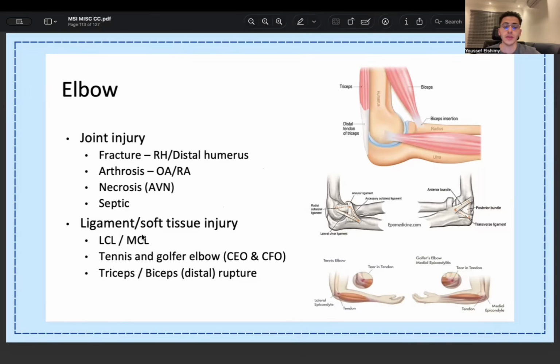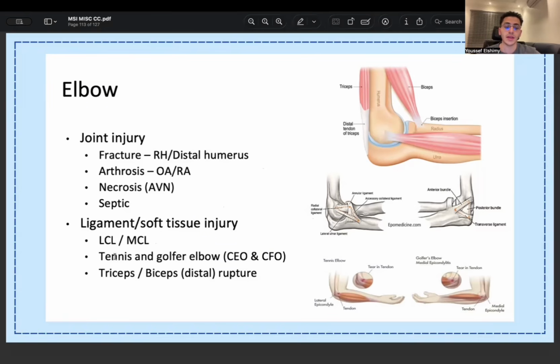Then moving on to the ligaments. From the medial side, we have the MCL or the medial collateral ligament, and also in the medial side, we have the CFO. Those are in the medial side of the elbow. In the lateral side, we have the LCL or lateral collateral ligament, and we have the CEO. So those ligaments could get injured. So the LCL could get injured, or the MCL, for example.